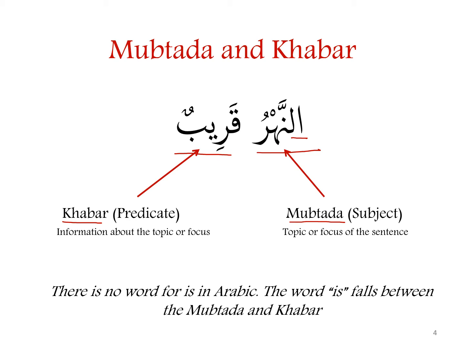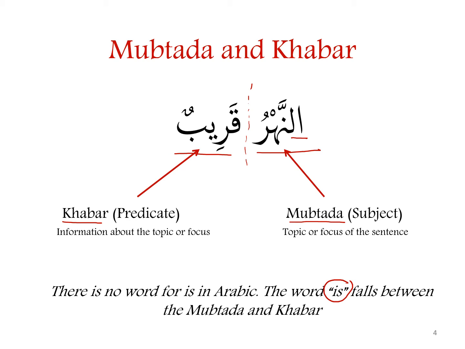So the mubtada is the topic or focus of the sentence. It's what the sentence is going to be talking about. Whereas the khabar is what gives more information, further information about the topic or the focus of the sentence, or the mubtada. And as mentioned before, there is no word for is in Arabic. The word is comes between the mubtada and the khabar.